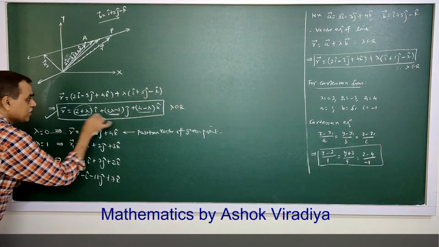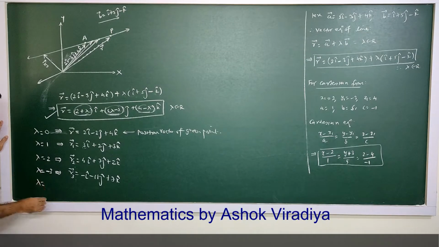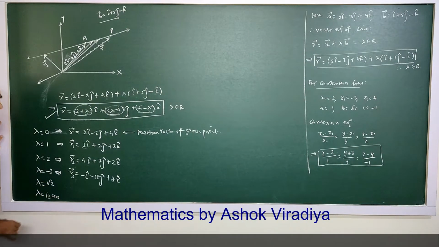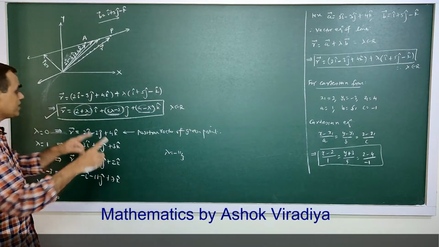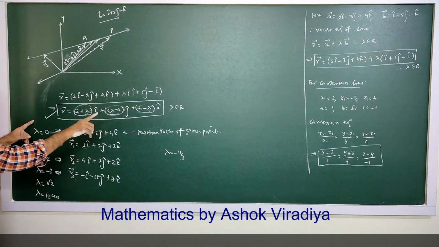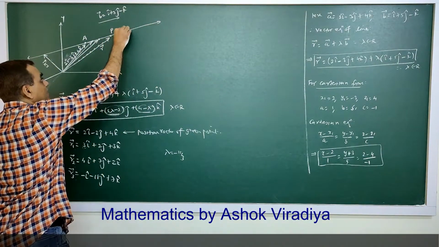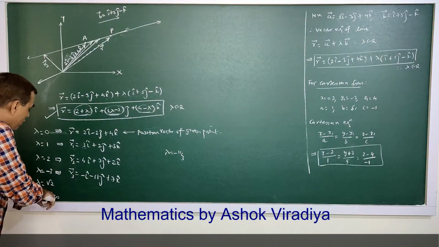Again, you can change the value of lambda; lambda can be taken any real number. You can take lambda root 2, you can take lambda 10,000, you can take lambda minus 11 by 13. As you change lambda, every lambda gives a new point.